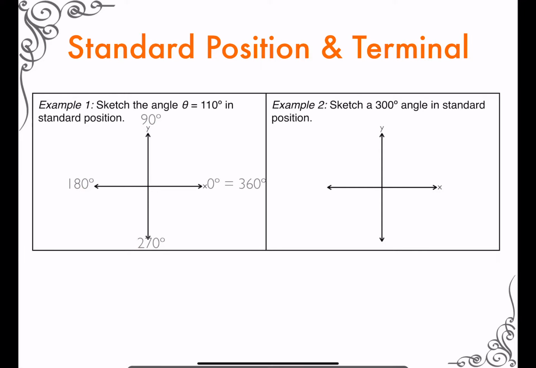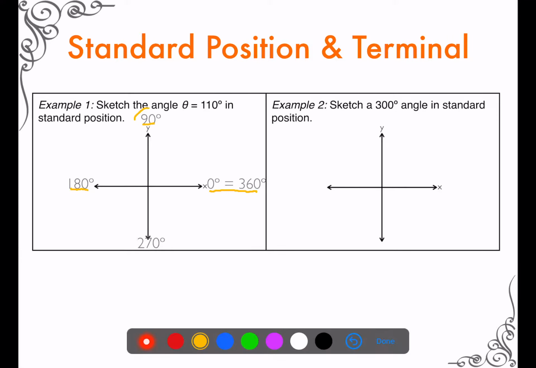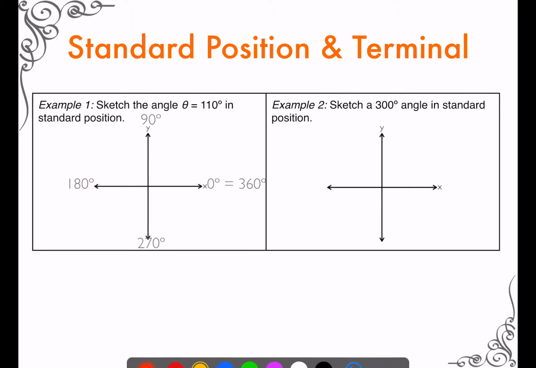All right, so to sketch that angle, we would ask ourselves, where would 110 degrees appear on the coordinate plane? And you're right if you said that it's going to happen somewhere between 90 degrees and 180 degrees.